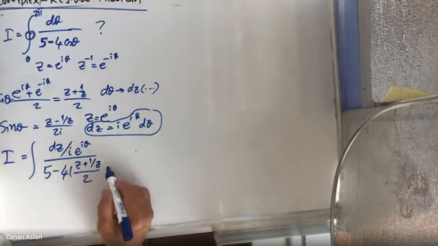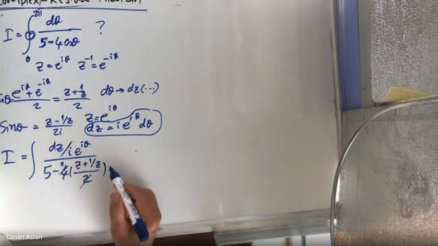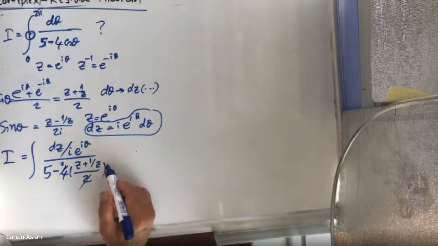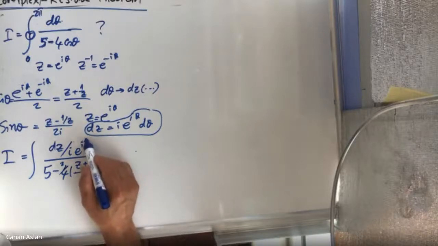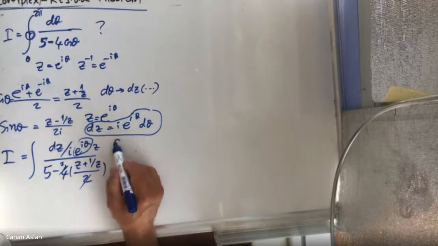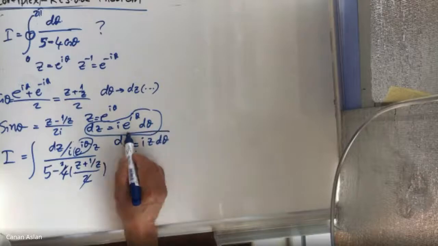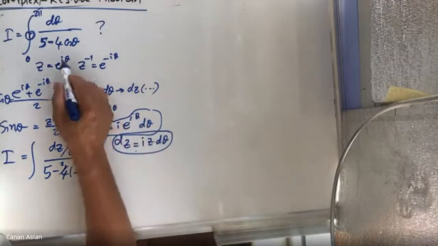So 4 times cosine theta is 4 times one half of z plus 1 over z. And there is a parenthesis. See, this cancels that 2. Don't forget this is also z, so dz is i z d theta. You can also use this because e to the i theta was equal to z.